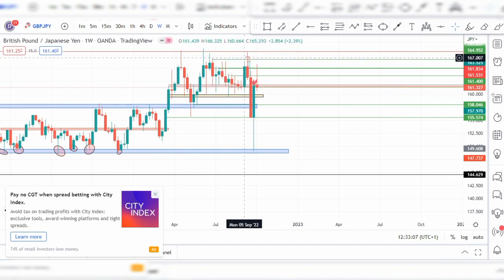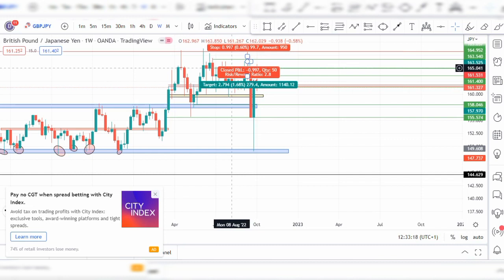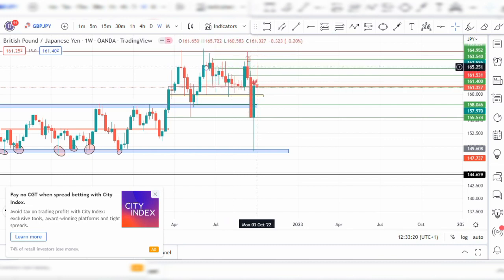So on GBPJPY on the weekly time frame, we can see that this candlestick pattern here, lovely rejection of the resistance area around the 165 area, and then forming this bearish pin bar. So that's what we are seeing, and now price is currently at this support level area here.